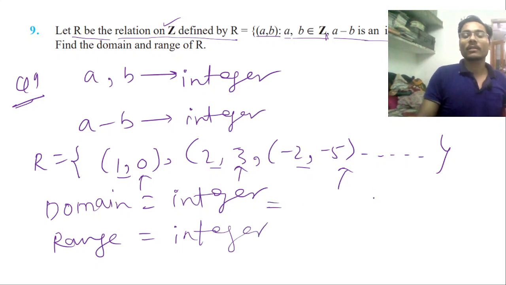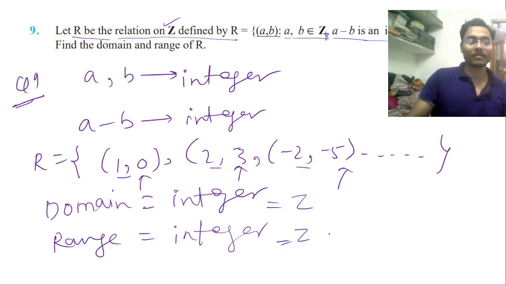So in this question, because the boundaries are not set and the subtraction of two integers will also be an integer, there are a lot of possibilities, basically an infinite number we can get in the range and the domain. So the domain and range is the integers, which is basically Z.